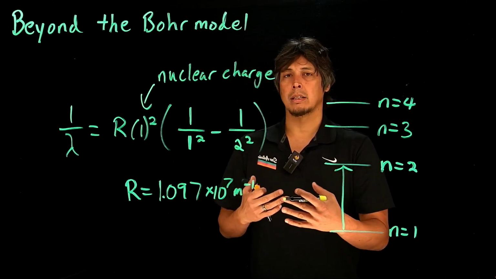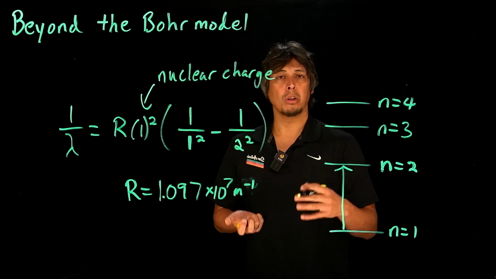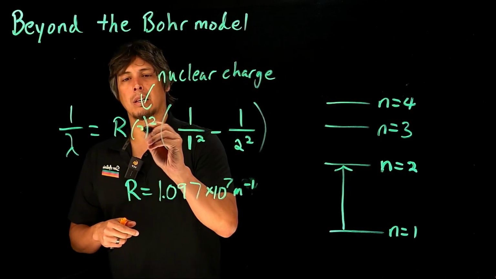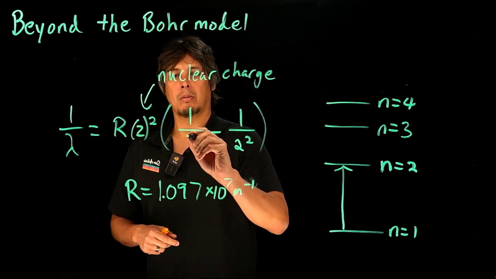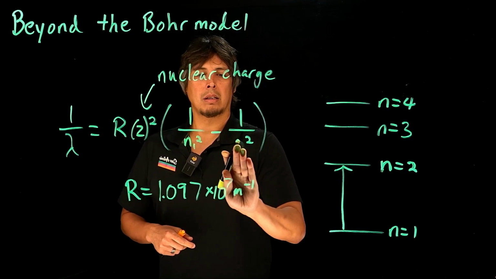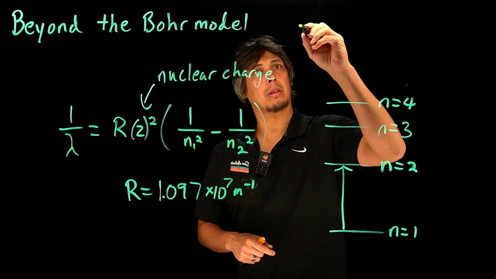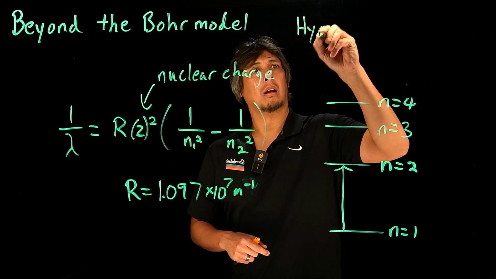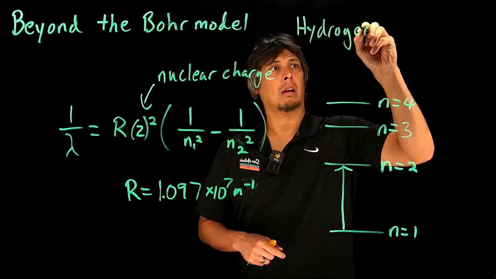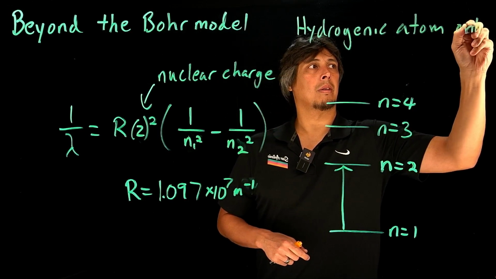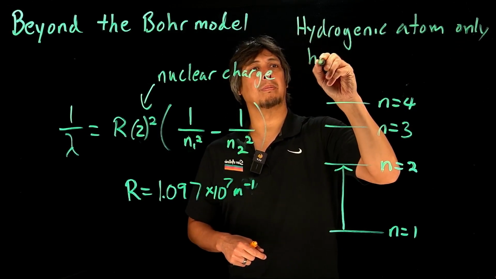a weakness of the Bohr model: it only applies to hydrogenic atoms, okay? So if we reset this equation here, what we mean by that is that a hydrogenic atom is a species that only has 1 electron, okay?